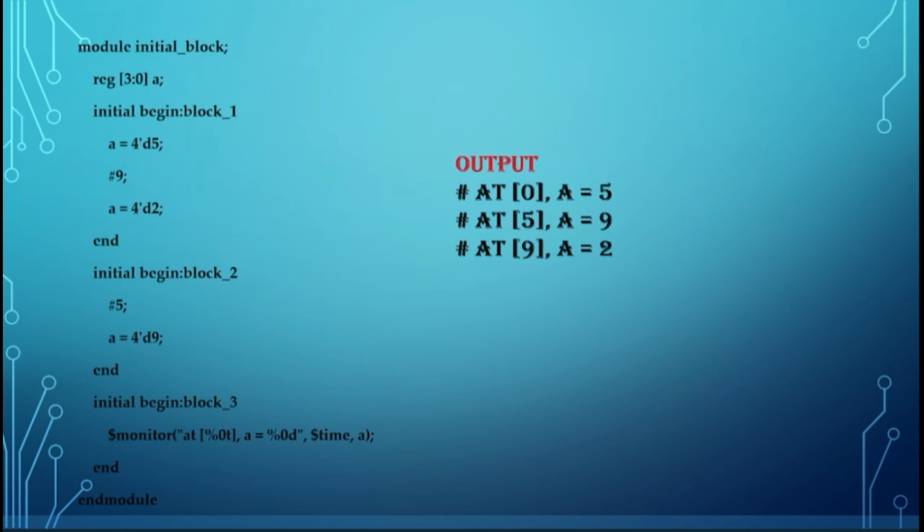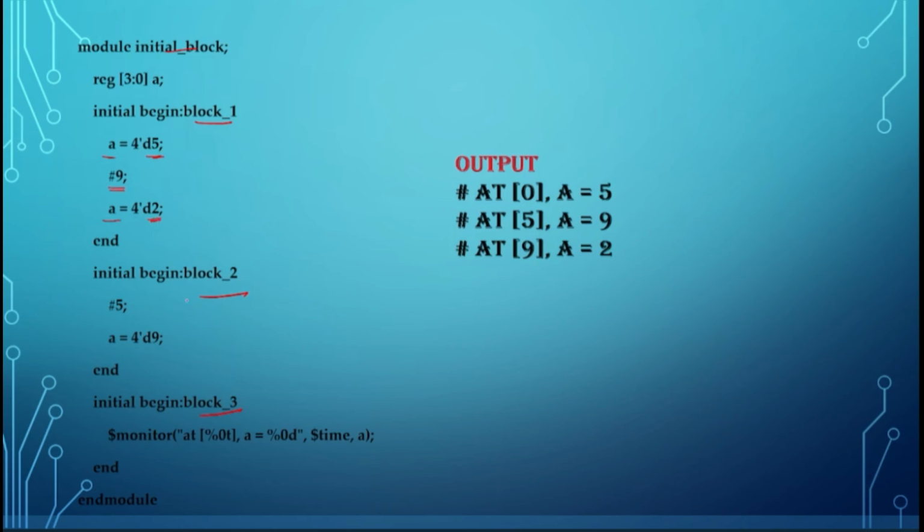So this is how you will be using the keyword initial block. See, this is my block 1, this is my block 2, this is my block 3. If you see in block 1, here I have mentioned the time. Now if you see, I have taken A as 5, and then after 9 time units I have taken A again as 4'd2.